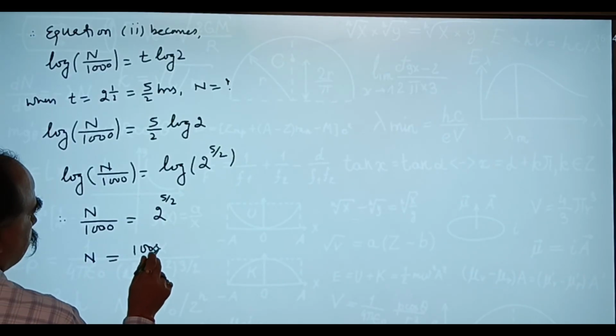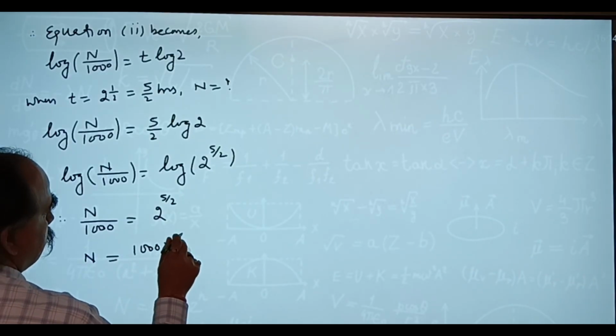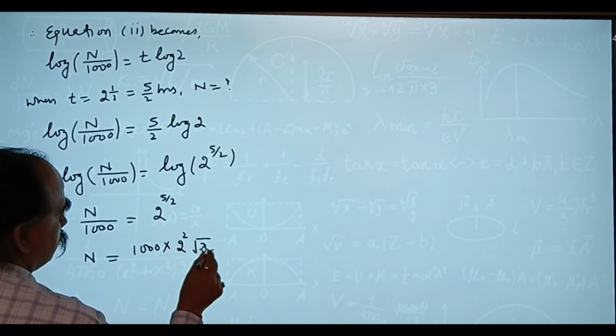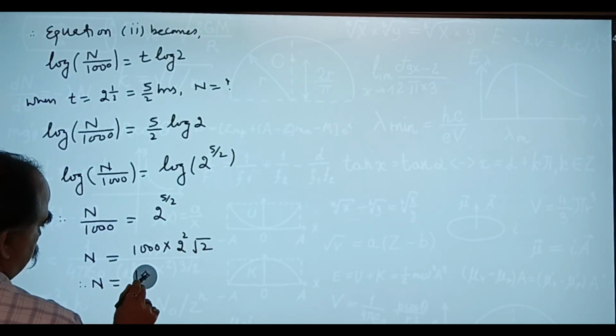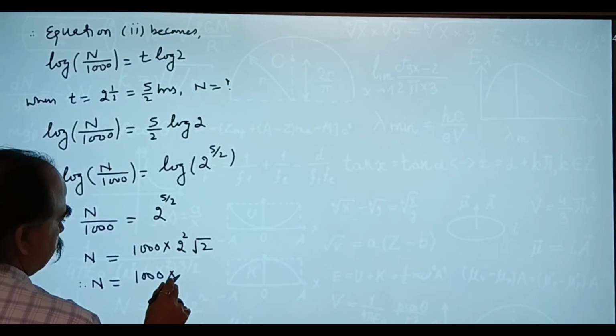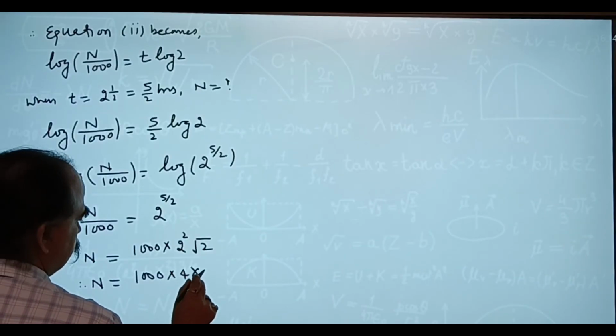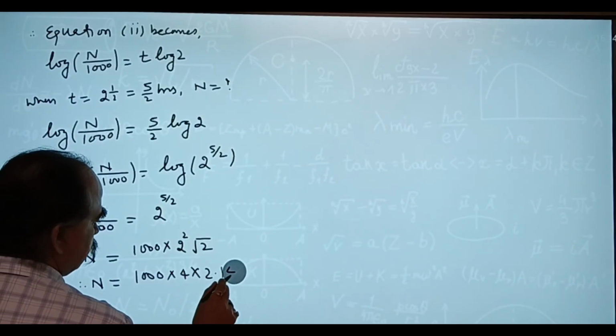1000 into 2 square root 2. 1000 into 4 times 1.414.